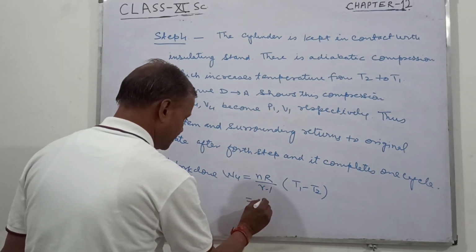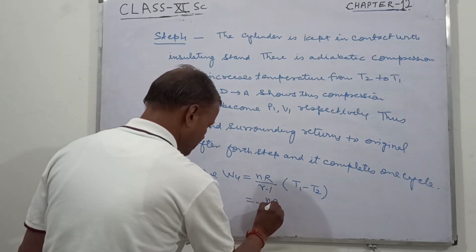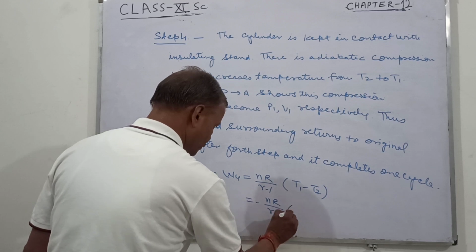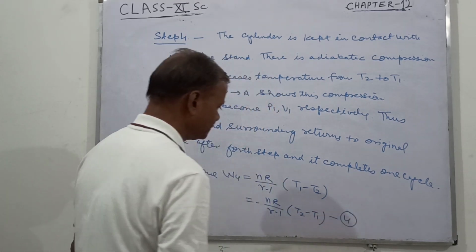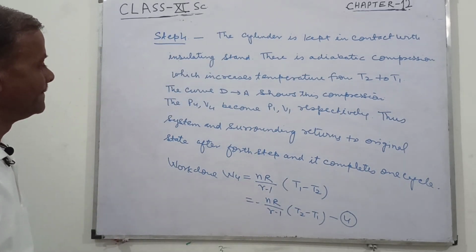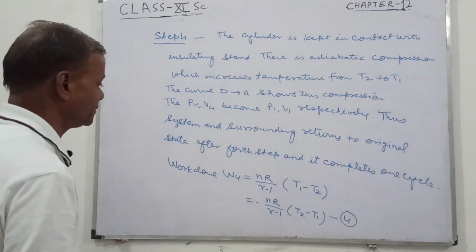So this will be taken minus nR upon gamma minus 1 into T2 minus T1. This is now 4.